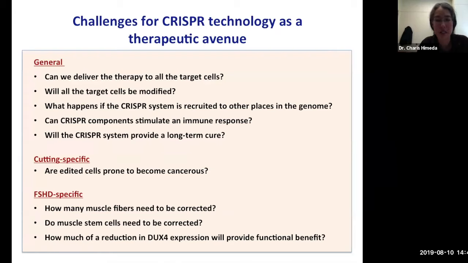That's because a couple of studies found earlier this year that CRISPR basically stimulates p53, which is something that either repairs DNA damage or causes the cells to die. And so cells that survive the editing process tend to have p53 mutations. And since p53 is a tumor suppressor, the fear is that these cells will become cancerous.